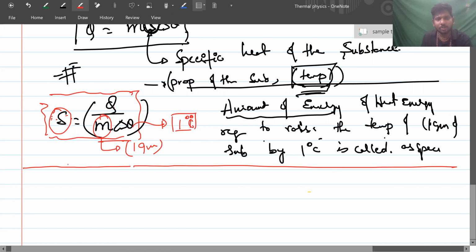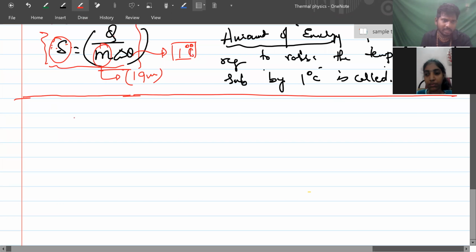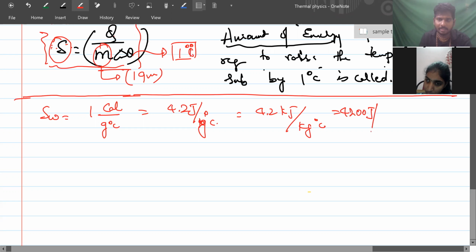In exam I'll give specific heats of some standard values, mostly in joules also. So the specific heat of water, we know that is for 14.5 to 15.5, but for all the 0 to 100 degrees, we'll take this 1 calorie only. 1 calorie by gram degree centigrade is equal to 4.2 joule by gram degree centigrade is equal to 4.2 kilojoules by kg degree centigrade, otherwise 4,200 joules per kg degree centigrade.